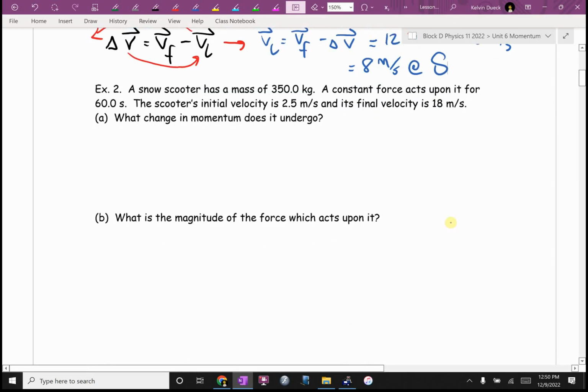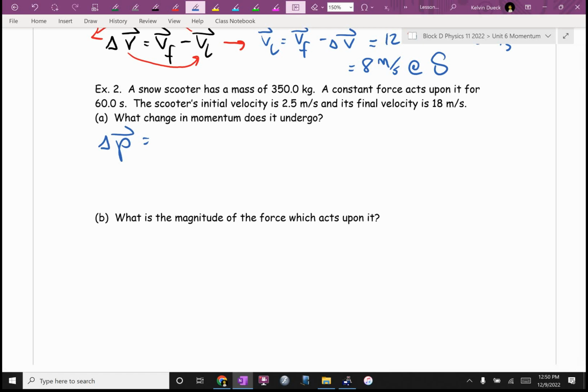Okay. Losing attention? Good. What's example 2a want me to find? Impulse, same thing. First thing I'm going to write down, I think, is this, delta P. And now I'm going to figure out which version of the delta P or the impulse equation I'm going to use. Which version am I going to use? Read the question.